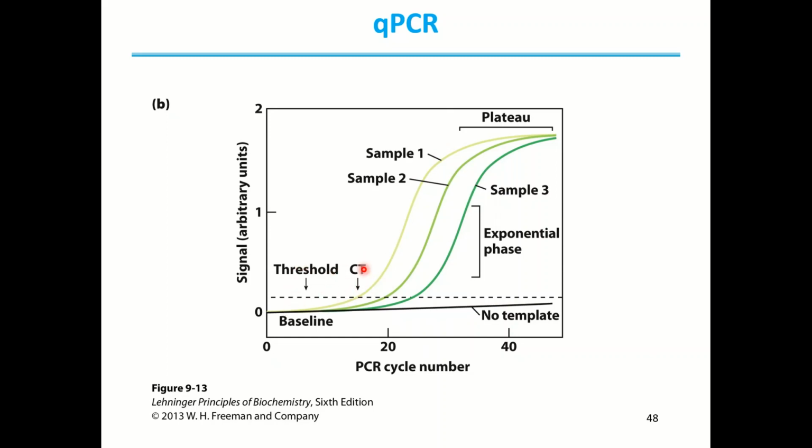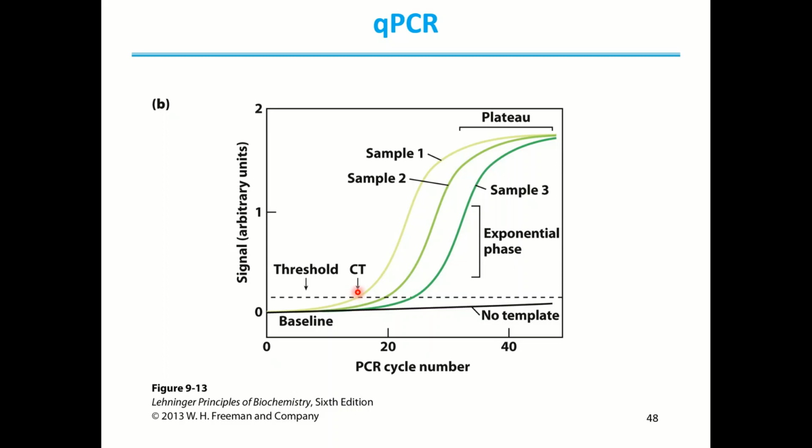Then you set a threshold, and once the signal crosses it, you get a Ct number, which is just the cycle at which that signal crossed the threshold. So for this case, we look at sample 1, sample 2, sample 3.